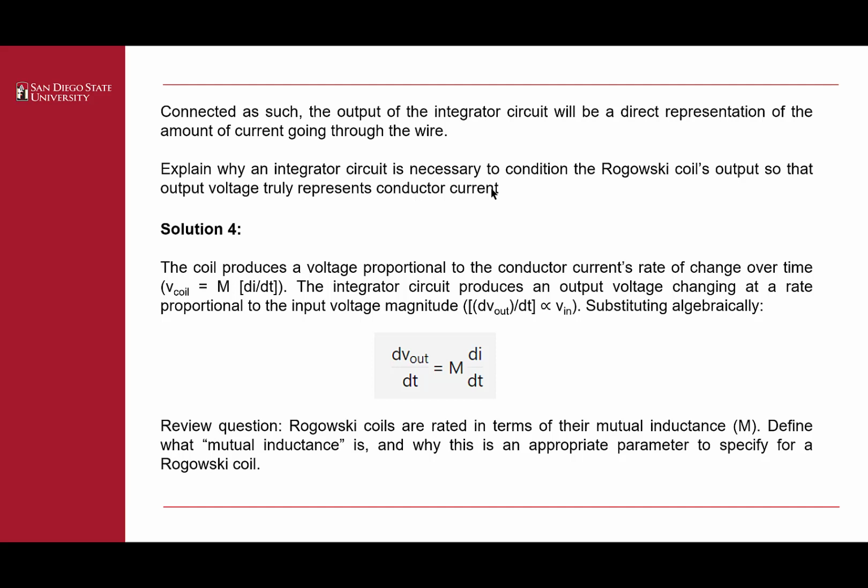Here we also have a review question. Rogowski coils are rated in terms of their mutual inductance M. So it's expected that you define what the mutual inductance is and why this is an appropriate parameter to specify for a Rogowski coil. I will not give the exact answers for some of these questions, including this one.